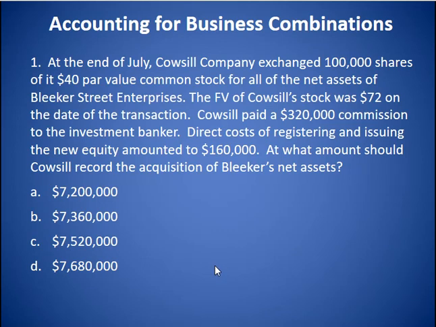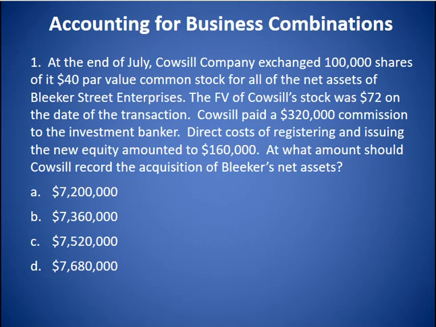Okay, let's take a look at number 1. At the end of July, Cowsill Company exchanged 100,000 shares of its $40 par value common stock for all of the net assets of Bleecker Street Enterprises. The fair value of Cowsill's stock was $72 on the date of the transaction.